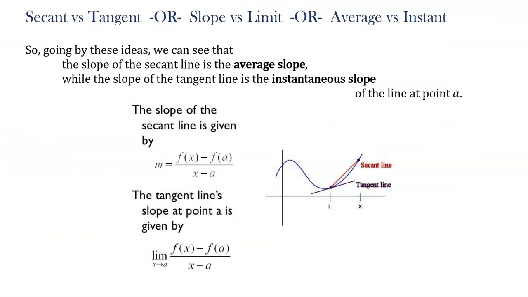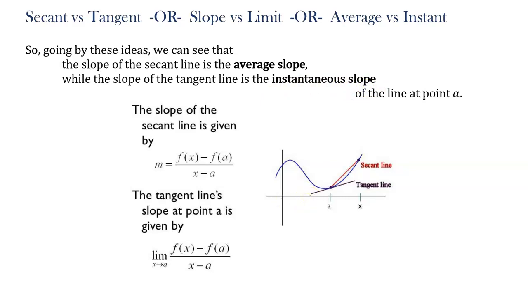If the only way we currently know to get a slope is with the slope of a secant line, we're going to call this the average slope of the curve. All right? Be the average slope of the curve. And then the slope of the tangent line would give us the instantaneous slope of the curve at that single point. And to be able to talk about this instantaneous slope, we call it a limit.